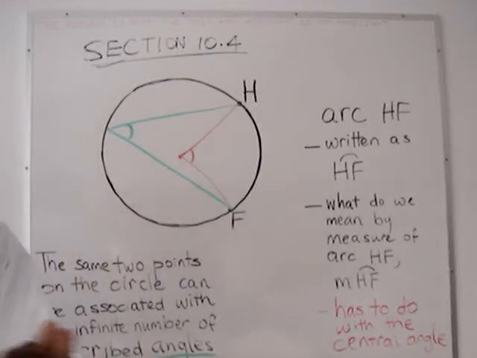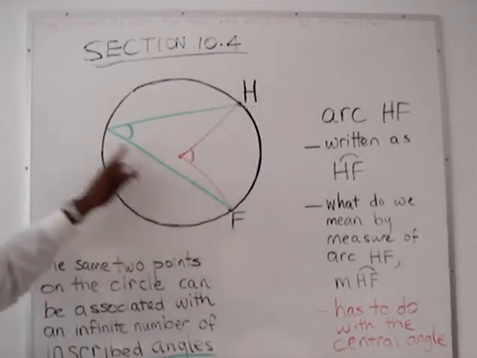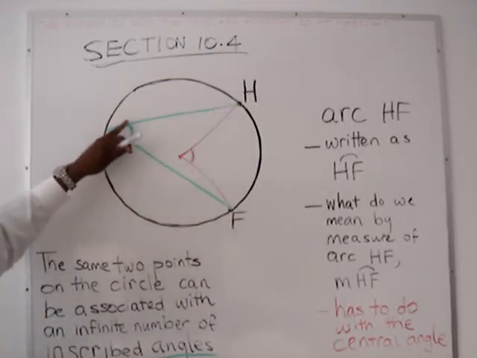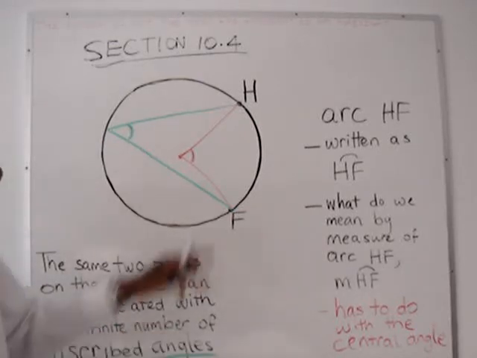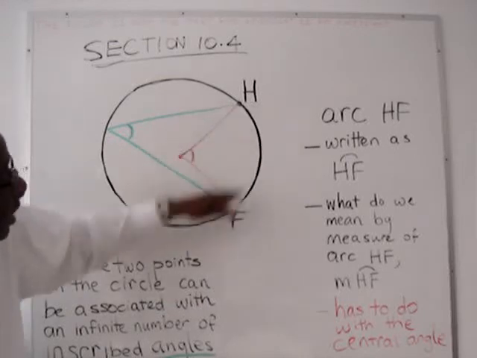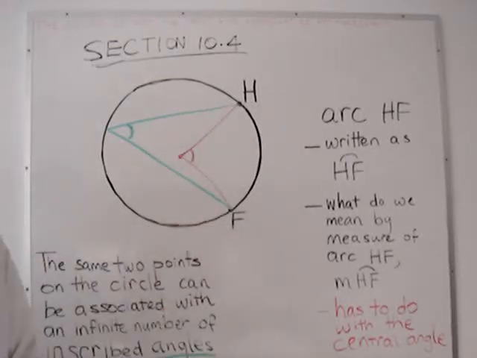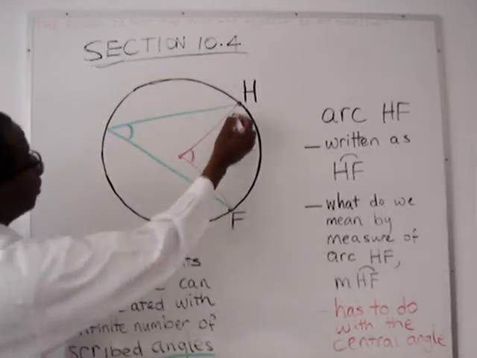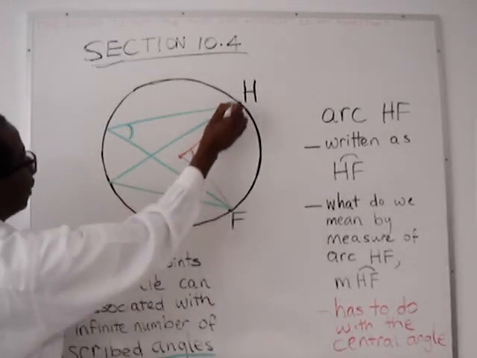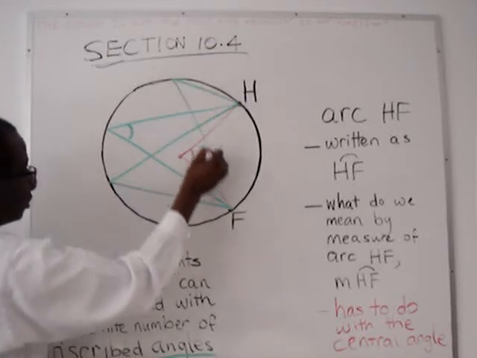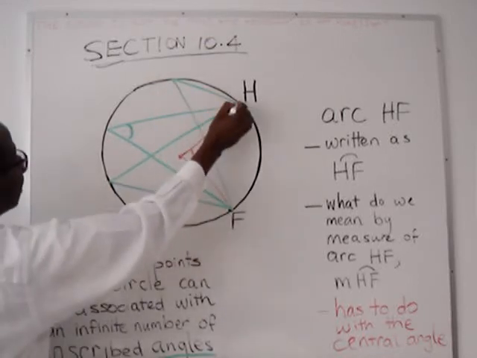So arc HF has this angle as an inscribed angle. But we can draw so many of them. For this arc HF we can draw an infinite number of inscribed angles. How? Here's another one. Here's another one. Here's another one.